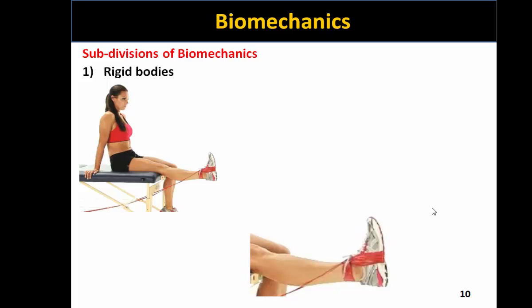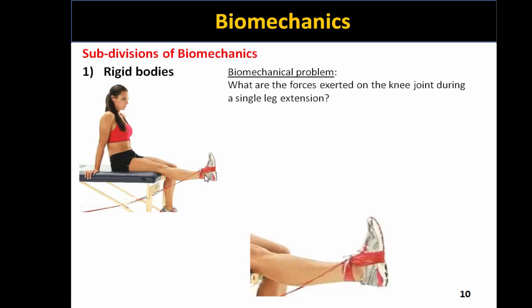Here we see a person performing a single knee extension, where this elastic tube wrapped around the foot and attached to the table provides additional resistance to holding this position. The biomechanical problem we might ask in this situation is, what are the forces that are exerted on the knee joint when performing an exercise such as this?